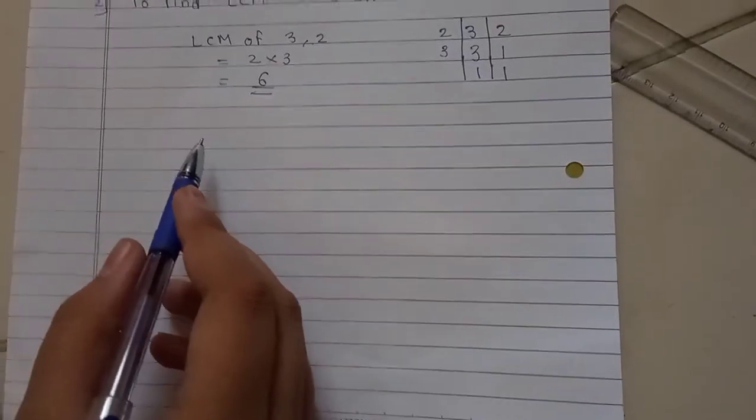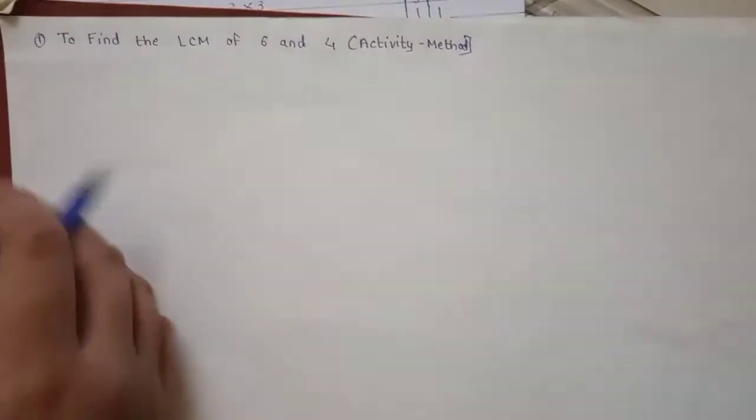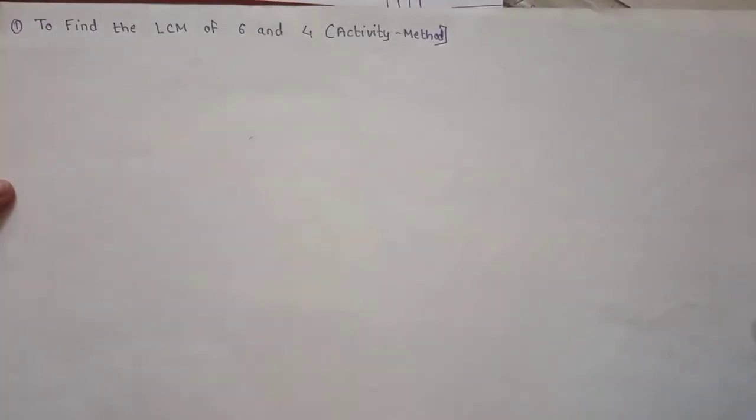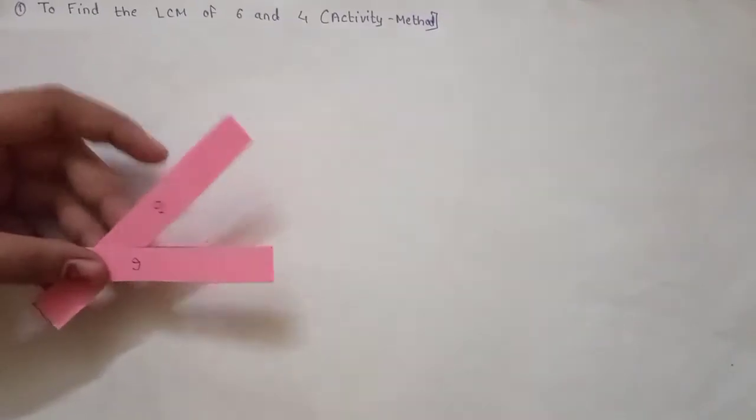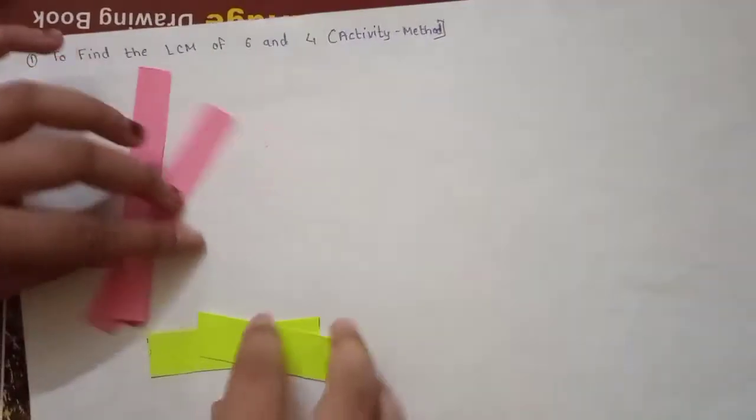Now we will do the activity. To find the LCM of 6 and 4, activity method. Here I have made some strips, 6 number strip and 4 number strip.